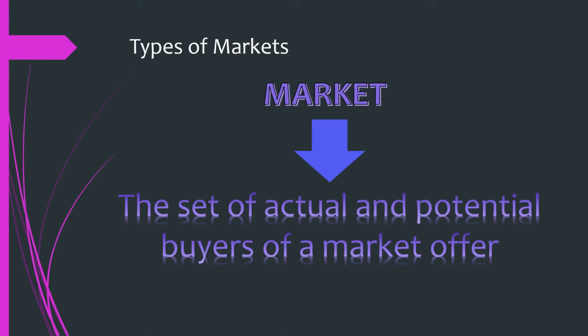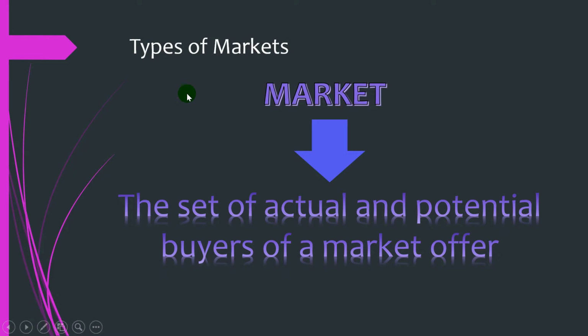Well, that is not wrong, but because we are learning the market more specifically, the market, according to the business or marketing that we are learning right now, is the set of actual and potential buyers of a market offer. And in the previous video, I already taught you what is meant by actual and potential buyers. Hopefully you still remember that.